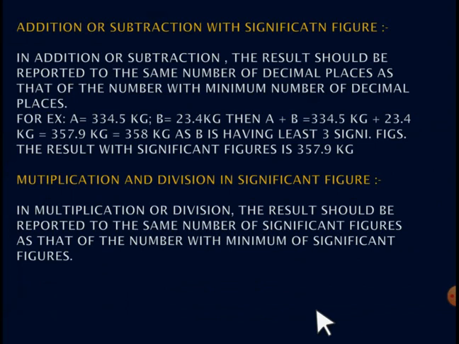Now let's go to addition and subtraction with significant figures. If you are going to add two numbers, how will you express the sum? Or if you are going to take the difference of two numbers, what will be the significant figures in the difference? In the case of multiplication and division also, how will you express the product and the quotient? That is going to be discussed here.